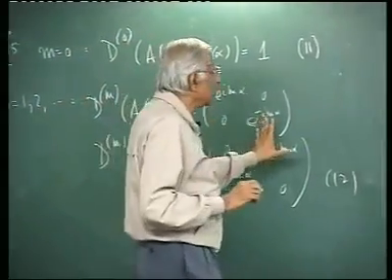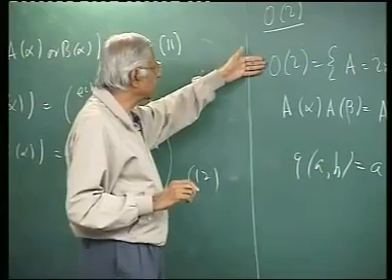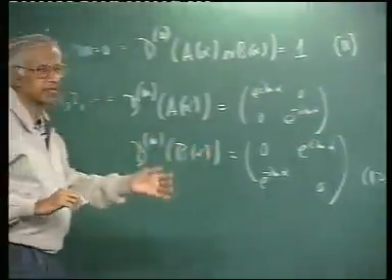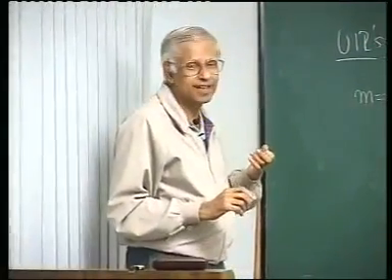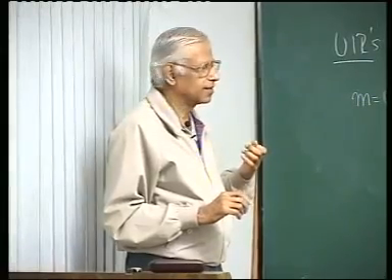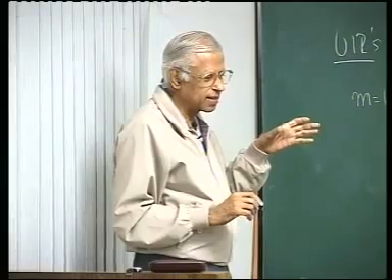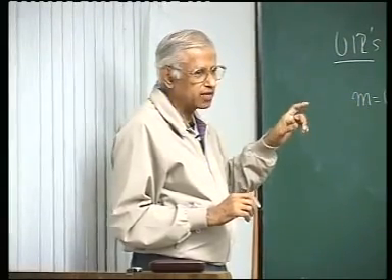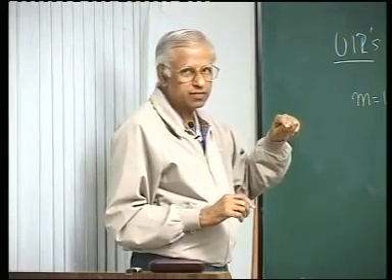Now, how do you recognize the defining representation of O2 in this picture? Which one is it? Does anyone want to guess? For SO2, we said the defining representation is reducible in the complex sense, and it was m equal to 1 plus m equal to minus 1.